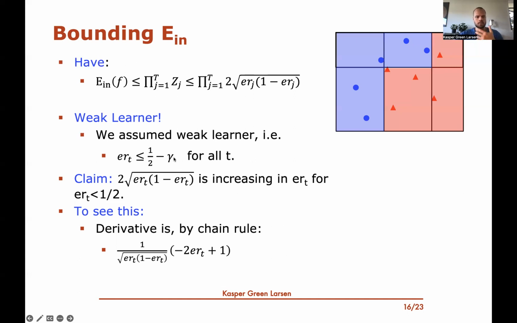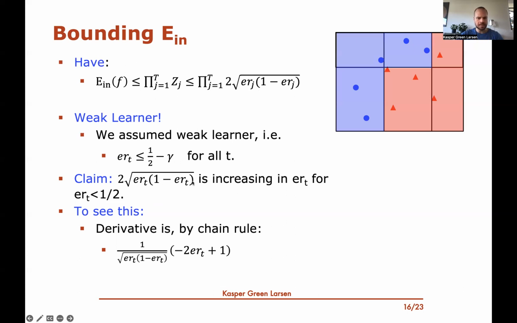To conclude, I'm going to claim that this expression, 2 times the root of ε_j times 1 minus ε_j, is increasing in ε_t for every ε_t less than a half. Basically, I want to use this to say that this whole thing is upper bounded by inserting a half minus gamma in place of ε_j up here.